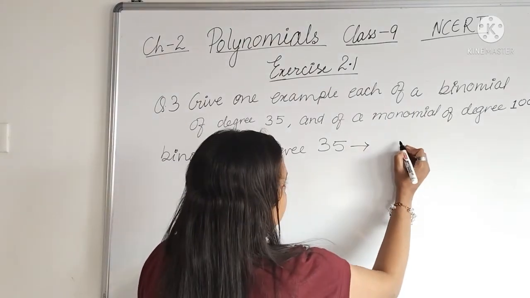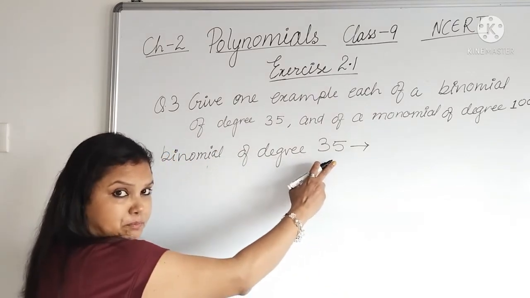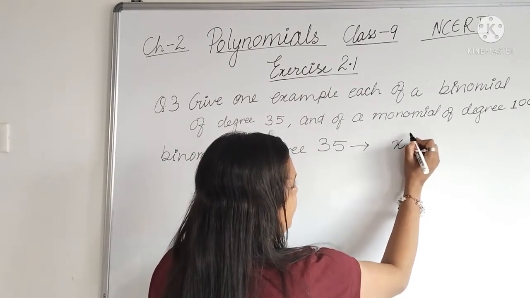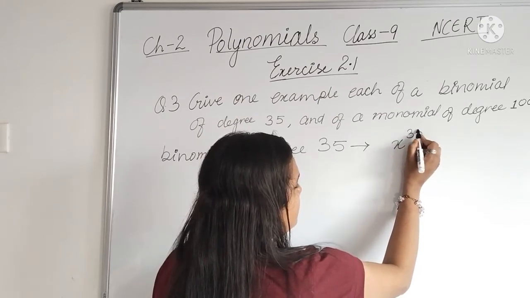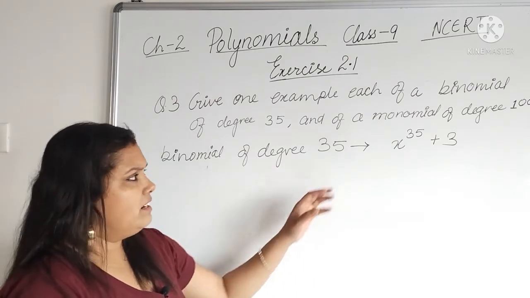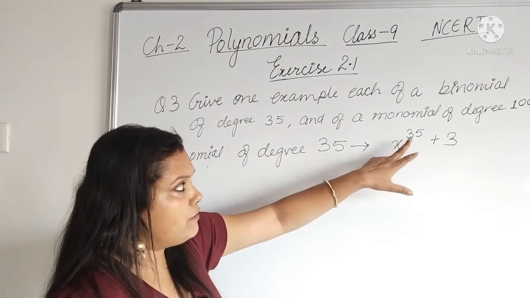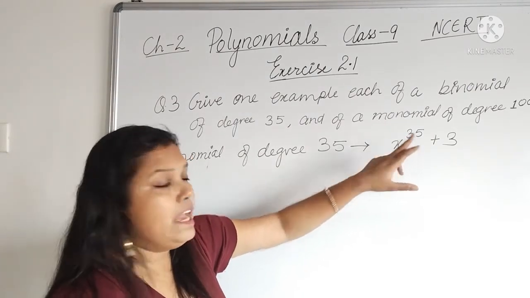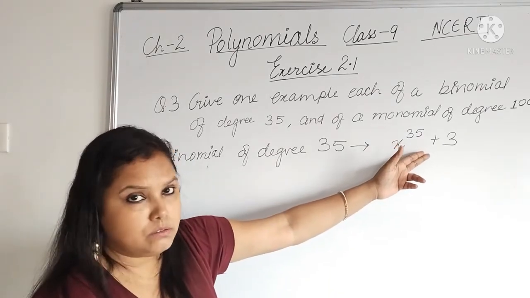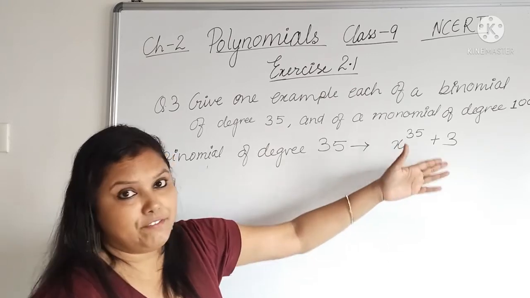Now we can form any two terms, but the degree should be 35. So we can write it as x to the power 35 plus 3. You can write anything, but the power of x should be 35 and there should be two terms. Okay, it can be in minus also, -3, -7, like that.